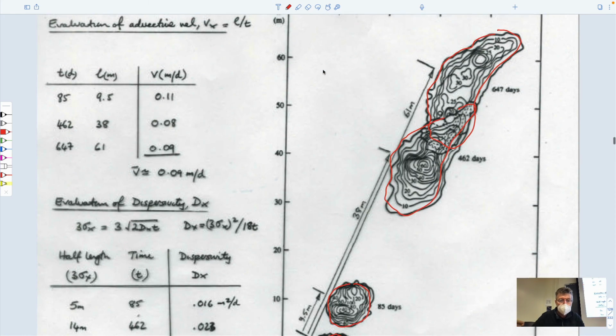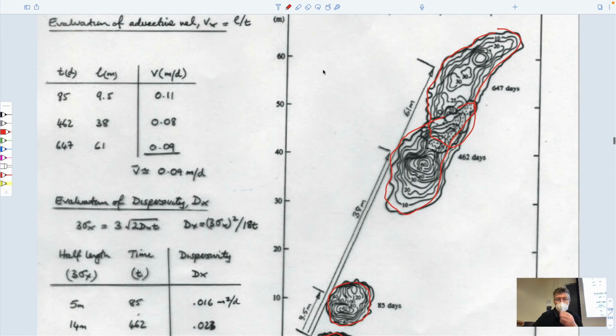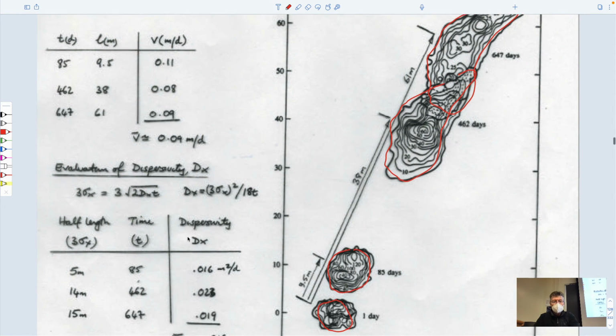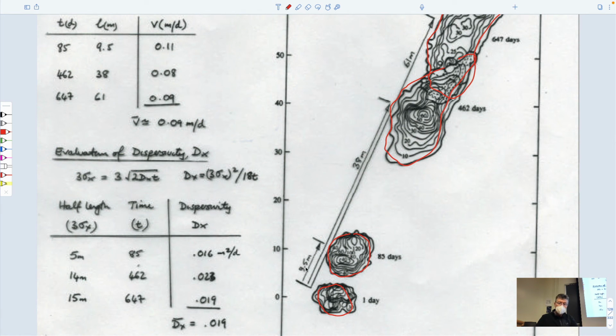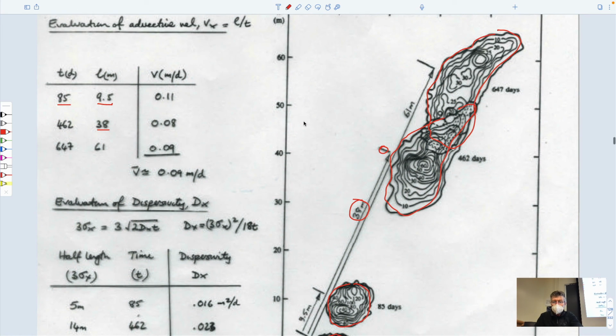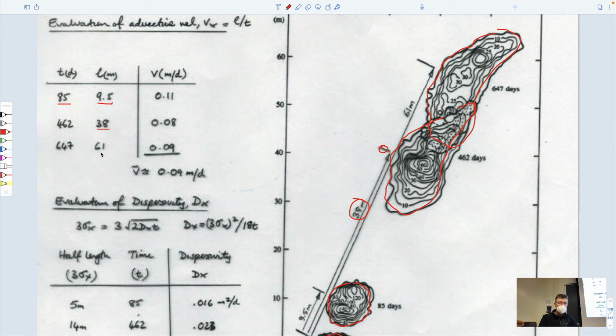Very straightforward. First of all, we want to know how far it's gone. We know at 85 days it's gone 9.5 meters downrange. At 462 days, it's gone 38 meters downrange. And at 647 days, it's gone 61 meters to the middle of the plume, the center of mass of the plume.